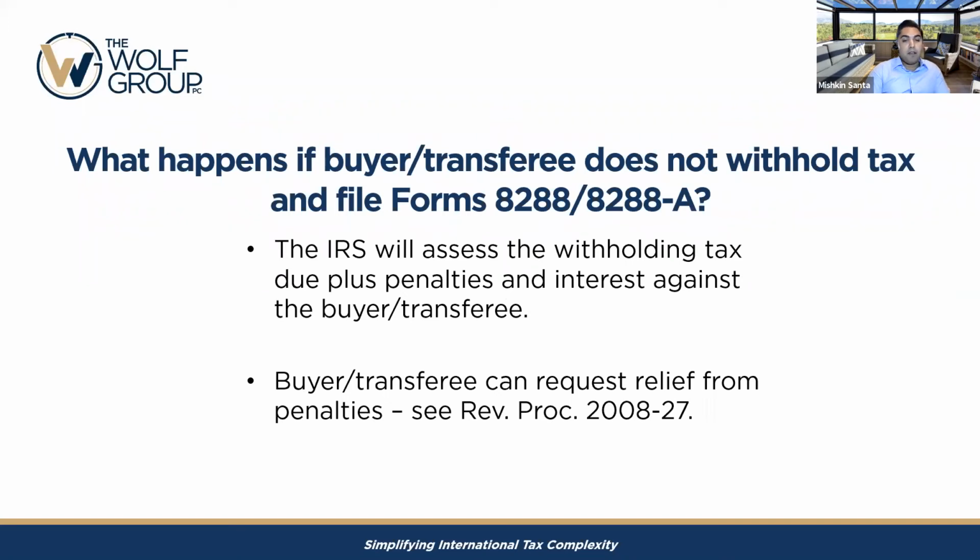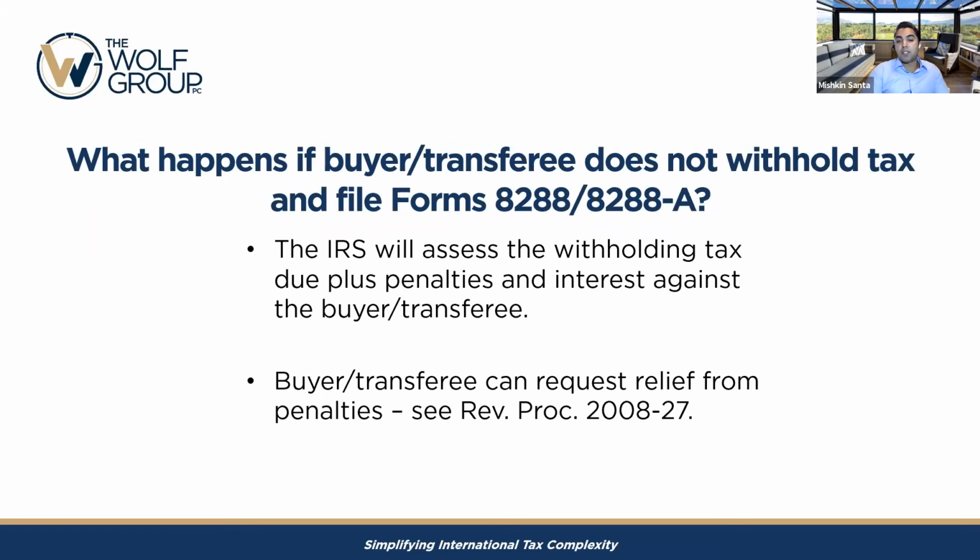Okay, so what happens if, let's just say that you're selling the property and you don't disclose that you are a non-resident alien, and the buyer never transfers the withholding tax, and later on they find out that in fact the seller was a non-resident? What should happen, and maybe it's not been happening, but it may happen more in the future due to IRS increase in staffing and budget, is that the IRS would assess the withholding tax plus penalties and interest against the buyer.